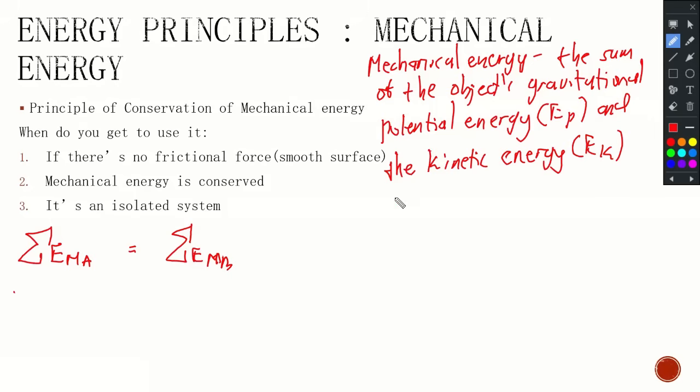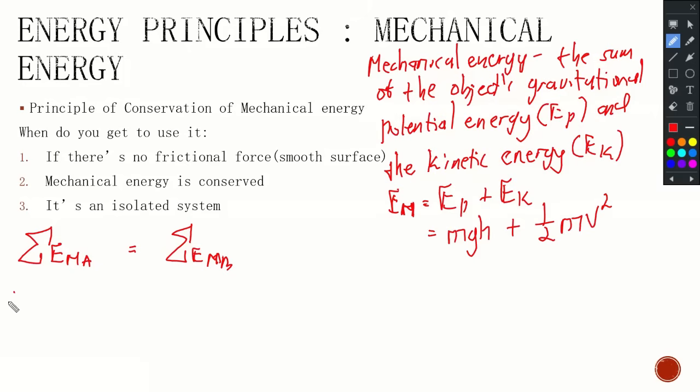So basically, we can say that mechanical energy is just EP plus EK, whereby EP breaks down to mgh, and then EK breaks down to half mv squared, right? So basically, that's what we have right here.